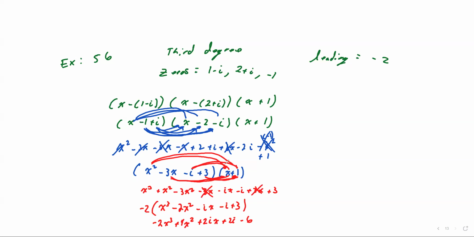The only thing, because this right here is technically your constant, and we always have to write it as a plus bi. So if they count this wrong in your homework, it's because they want it to look like this. So it's almost the same thing, but it'd be minus 6 plus 2i, so that it goes in a plus bi format.